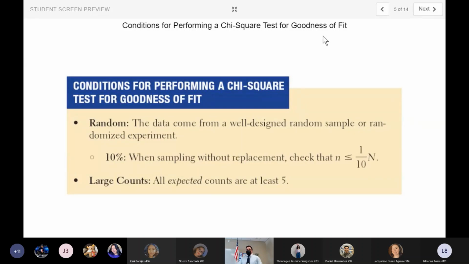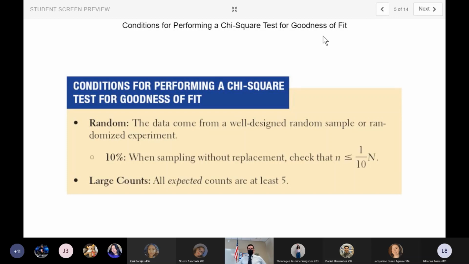We also have our conditions for performing a chi-square test for goodness of fit. We have the random and 10% conditions, which are the same random and 10% conditions we've used for all of our previous tests. The large counts condition is different than the large counts condition that we check with proportions.